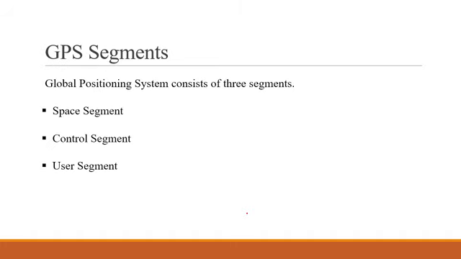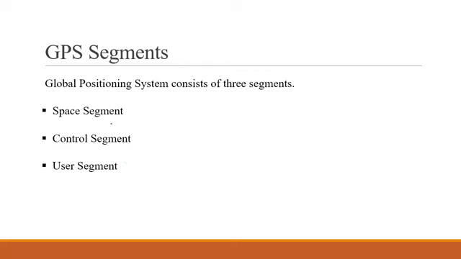Here we are going to see the segments of GPS. Almost everything has some segments. So GPS also has 3 segments, and GPS works on 3 segments, which are necessary to be used. These are space segment, control segment, and user segment.